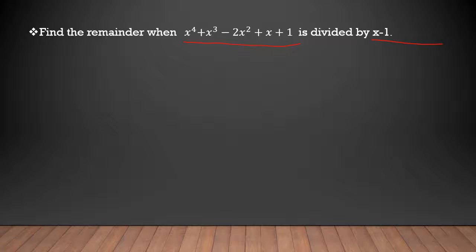Let's say x minus 1 equal to 0. We have to make the divisor equal to 0, and from there we calculate the value of x. x minus 1 equal to 0, so x equal to 1, and to find the remainder r(x) we have to evaluate the polynomial at 1. That is 1 to the power 4 plus 1 cube minus 2 into 1 square plus 1 plus 1, that is 1 plus 1 minus 2 plus 1 plus 1 equal to 2.